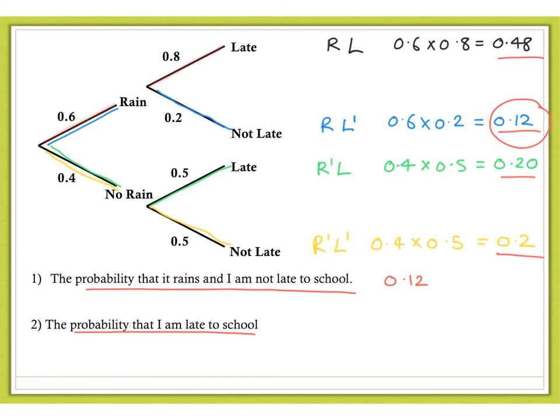So the probability of being late to school, well, it could rain and you could be late. So that's this one. And it could not rain and you could still be late. So that's this one as well. So we need to make sure we include these probabilities in our answer. So we want to do 0.48 plus 0.20, which comes to a total of 0.68.